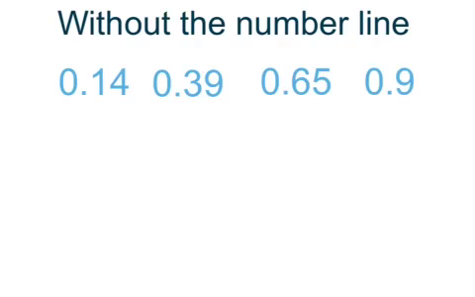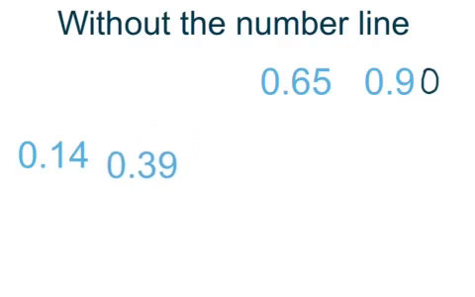Alright, so for this one, I'm not going to do a number line. I'm actually going to first make this 9/10 into 90 hundredths, so it's easier for me to visualize. And then I'm going to look for my smallest number. So my smallest actually is going to be my 14 hundredths, because 14 pennies is smaller than anything else that I have here.